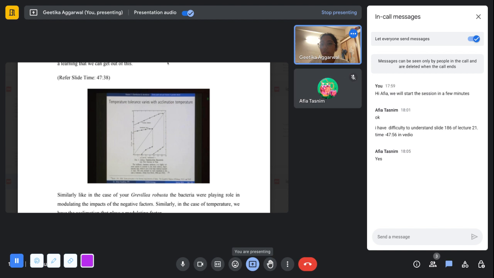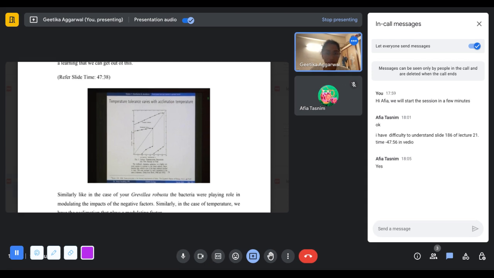Okay, now I cannot. Yeah. Is this the slide that you're talking about? Yes. Okay. So varies with acclimation temperature, lethal temperature reaction.